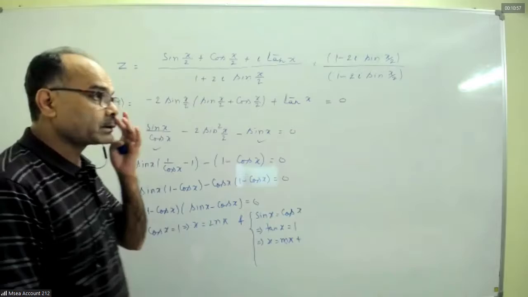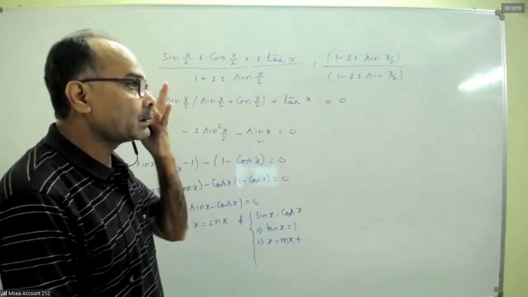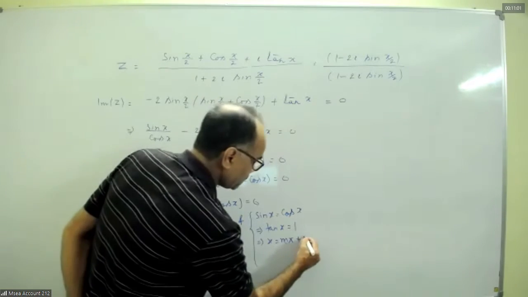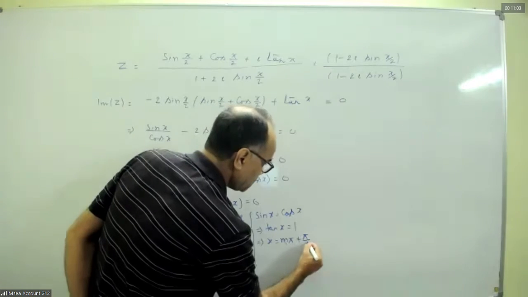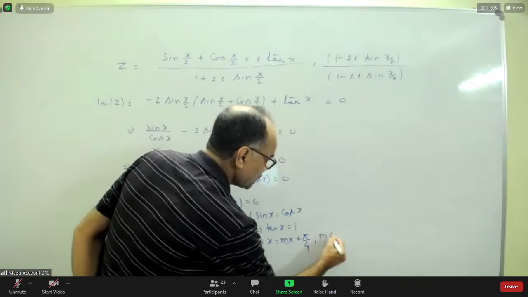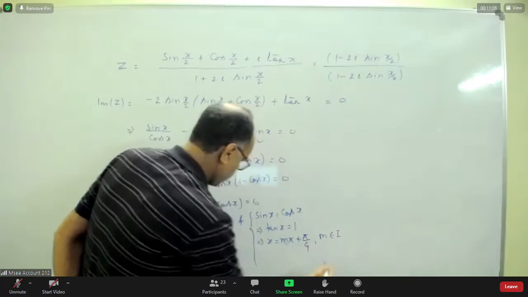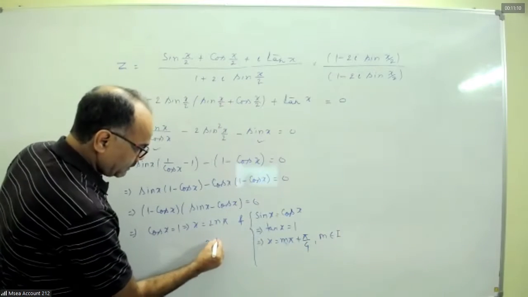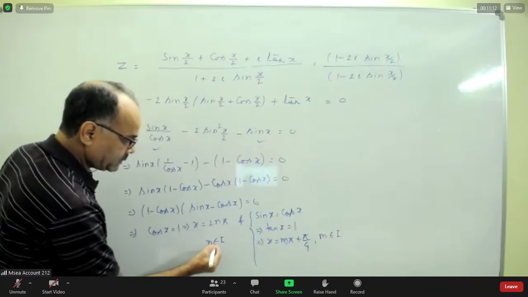This is the general solution for tan theta: m pi plus pi by 4, only plus. n belongs to I. So these are two sets of solutions.